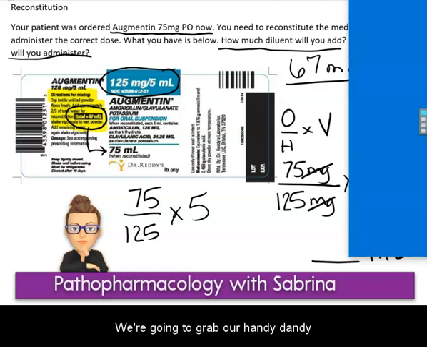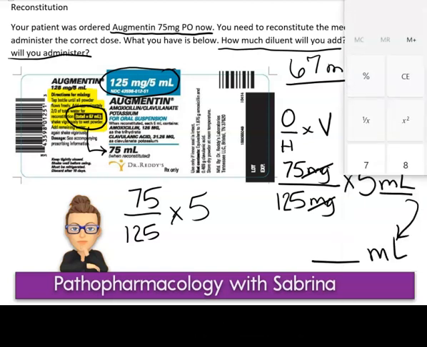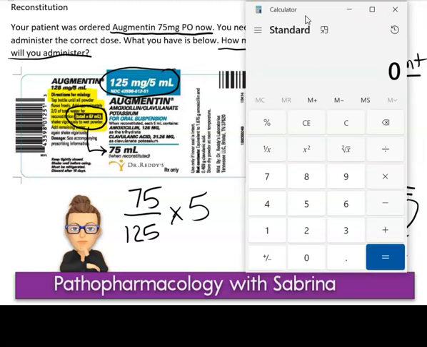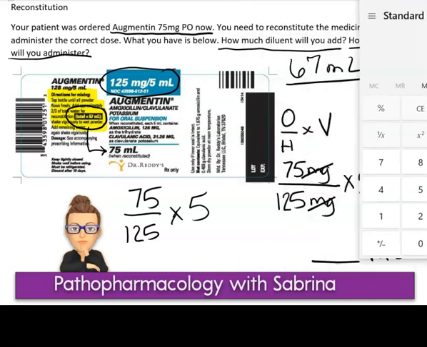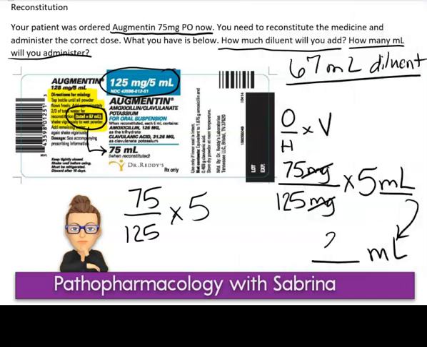We're going to do our handy dandy calculator here. 75 divided by 125 equals 0.6 times 5 equals 3. So we know that we're going to draw up 3 milliliters.